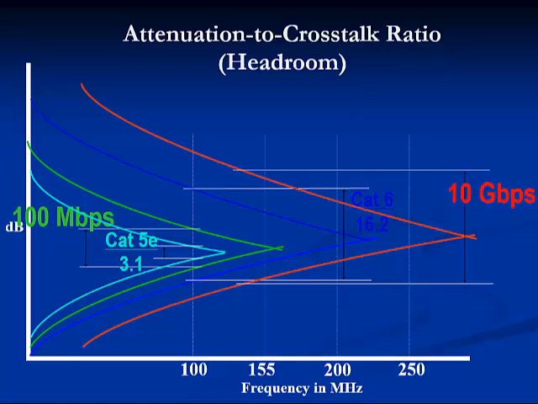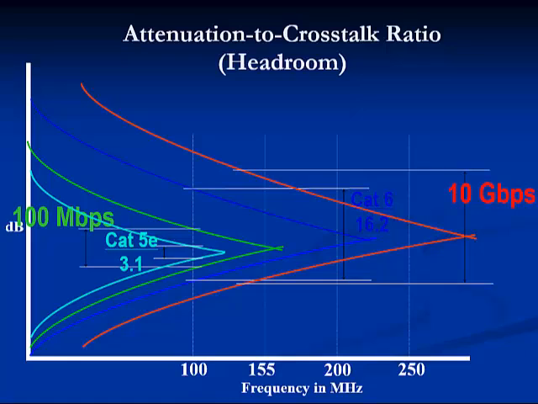Attenuation to crosstalk ratio, or ACR, is an indication of how much larger the received signal is when compared to the near-end crosstalk on the same pair. ACR is also sometimes referred to as the signal-to-noise ratio. It is a calculated value. You can't measure ACR, but it's calculated.